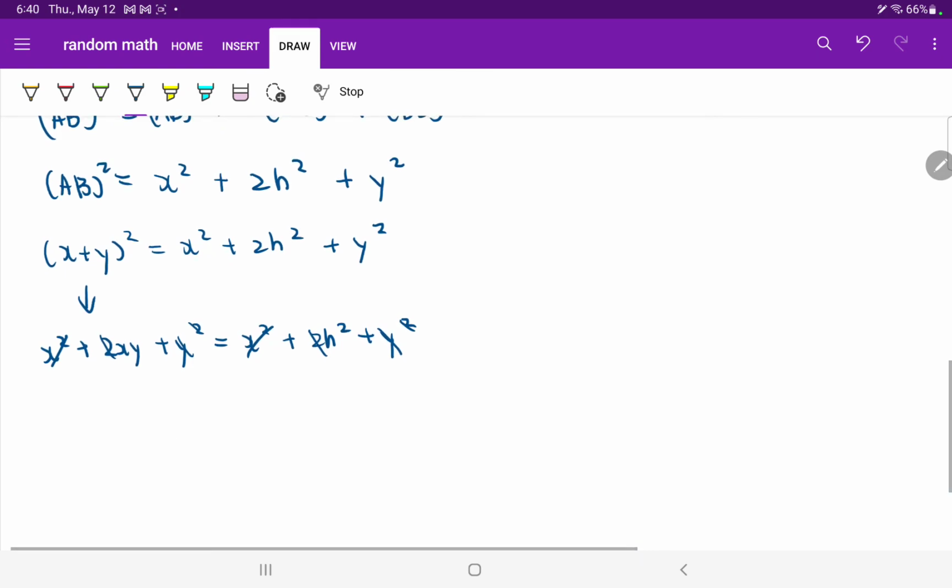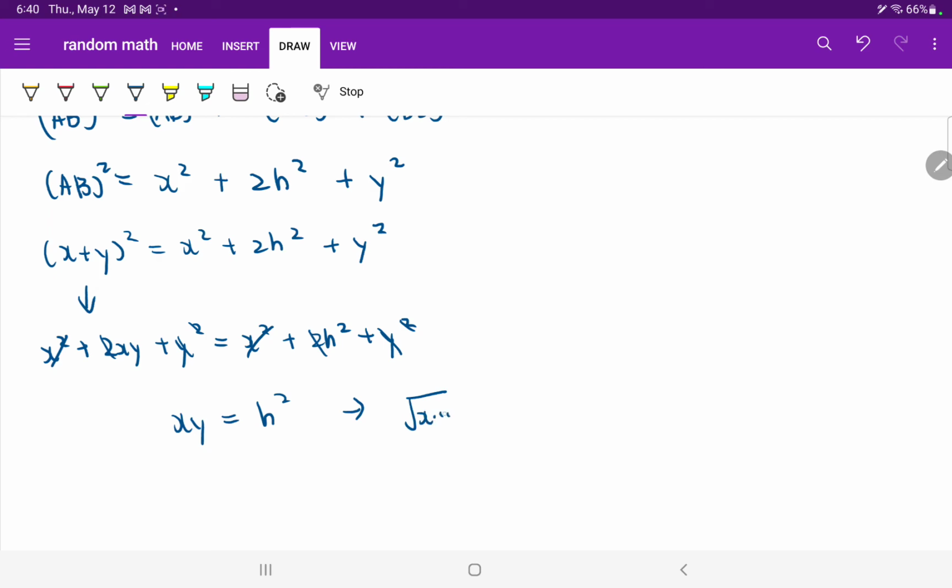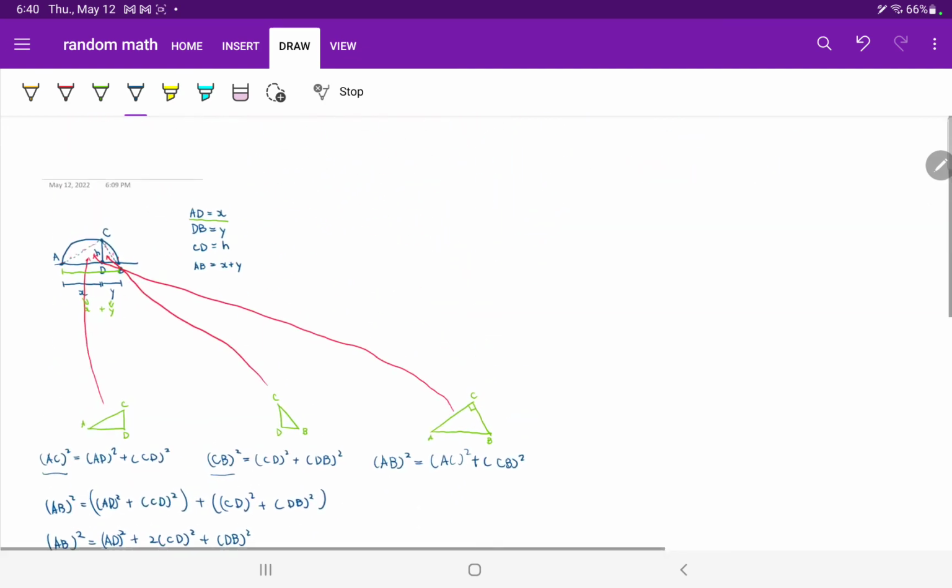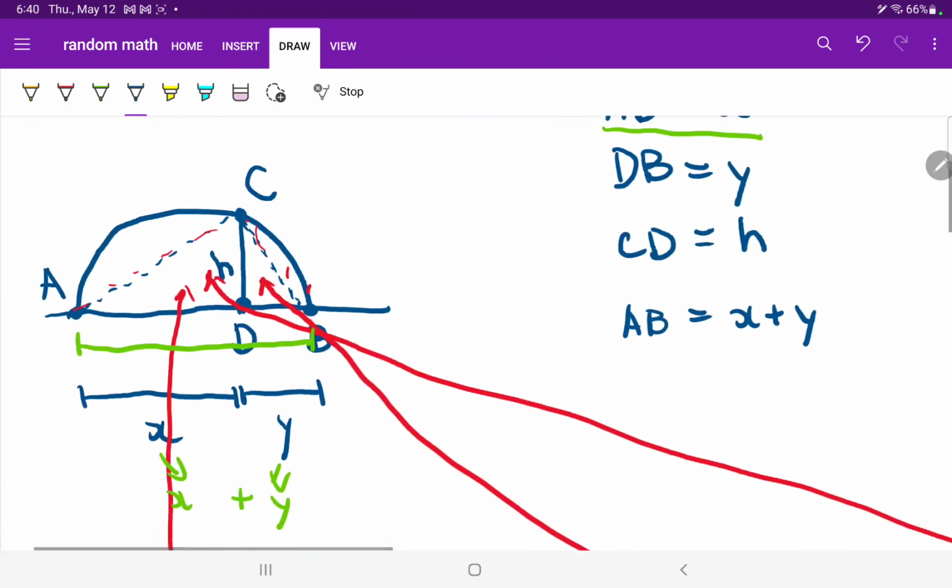So we're left with xy equals h squared, I'm sorry, and this becomes the square root of x times y equals h, and that is how you express h in terms of x and y.